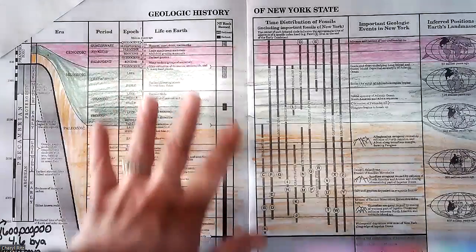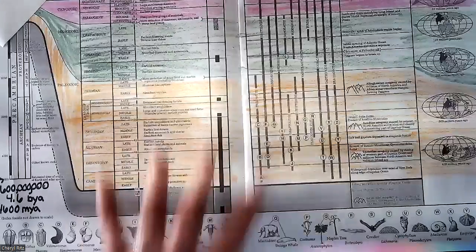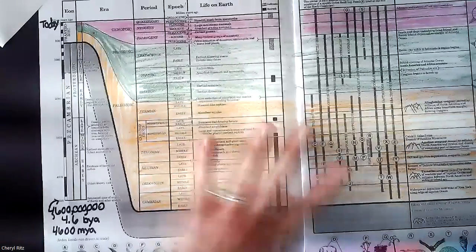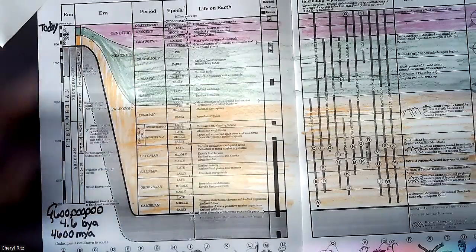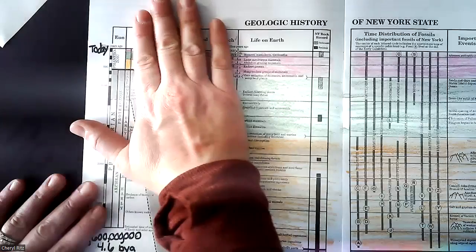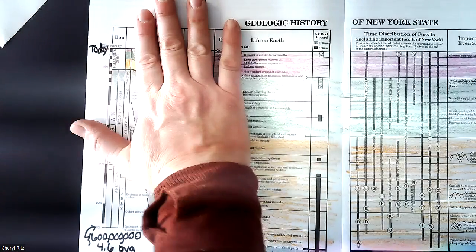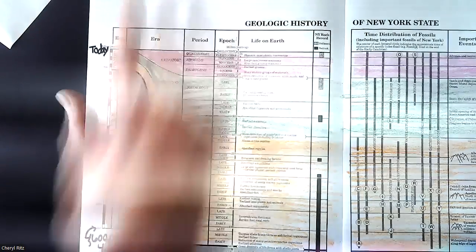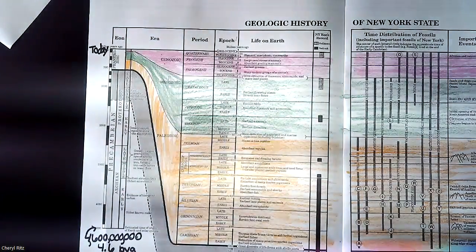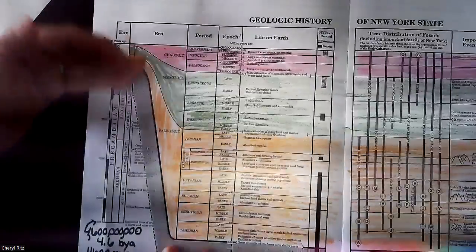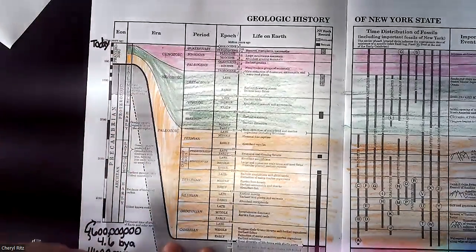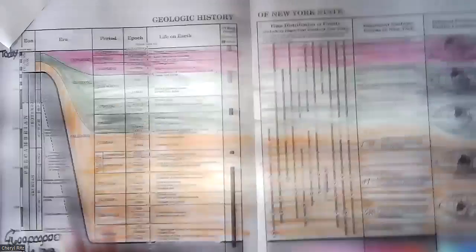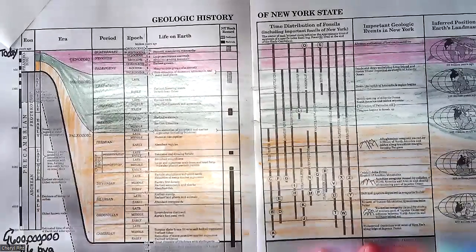We colored almost the entire pages 8 and 9, except for over here. If we only look at that part, from here over, we've only colored this little section that goes to 500 something. There's still 4,100 million years that we didn't color, but we colored most of the page.